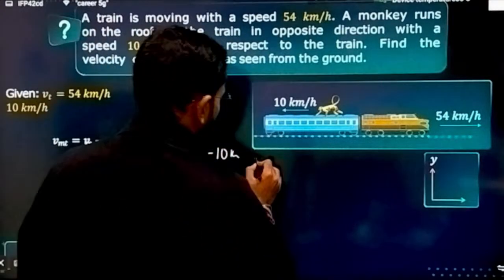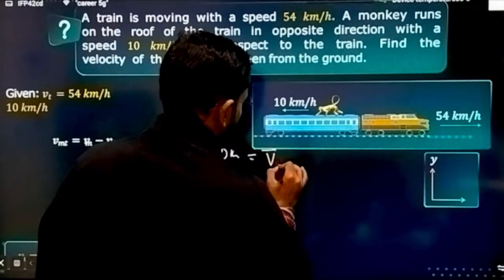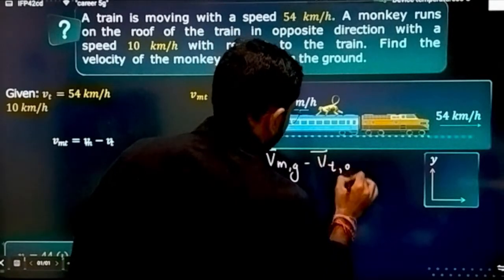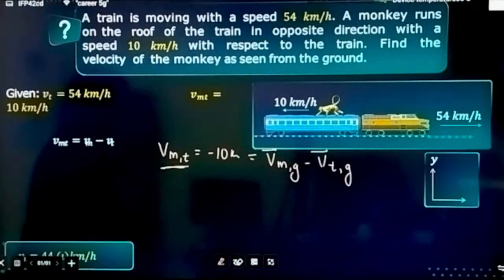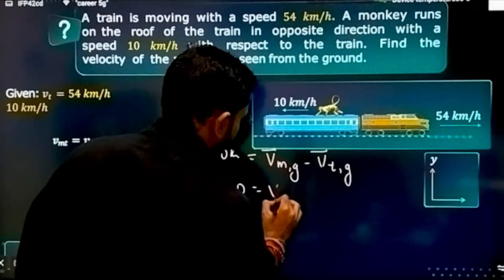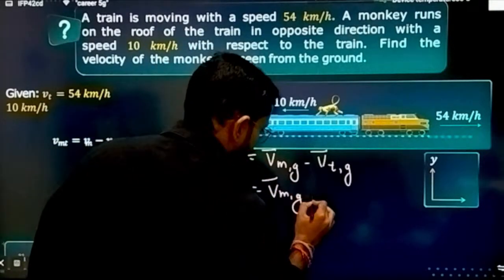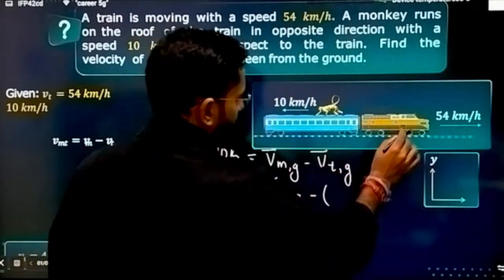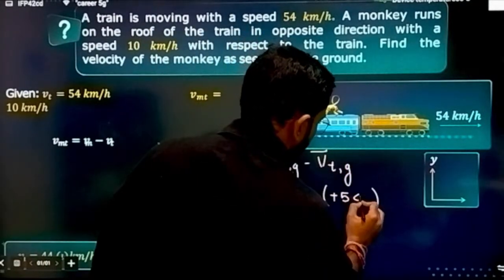That equals minus 10, and it can be written as velocity of monkey with respect to ground minus velocity of train with respect to ground. So I will write it as minus 10 equals velocity of monkey with respect to ground, which is what I have to calculate, minus the velocity of train with respect to ground, which is already given, plus 54.